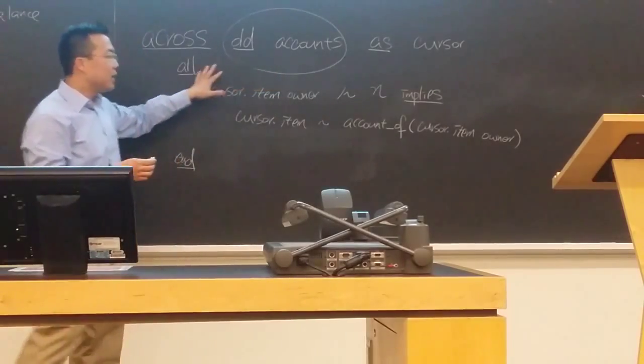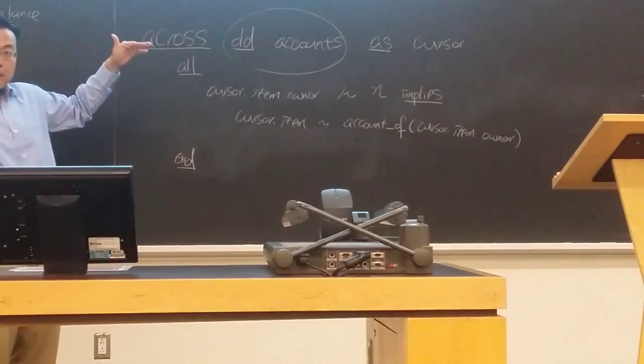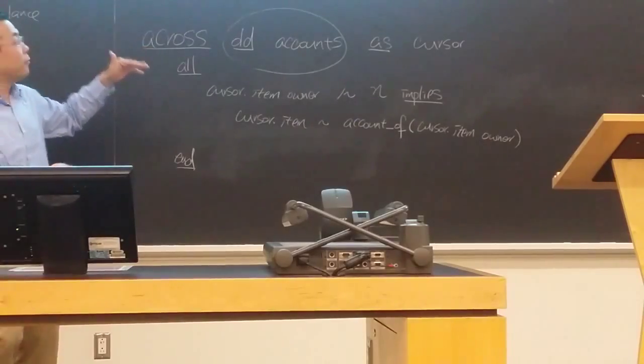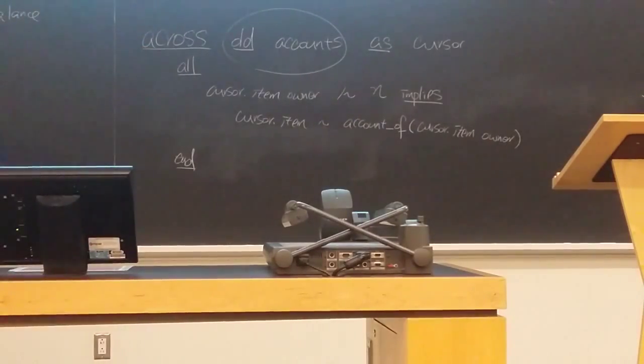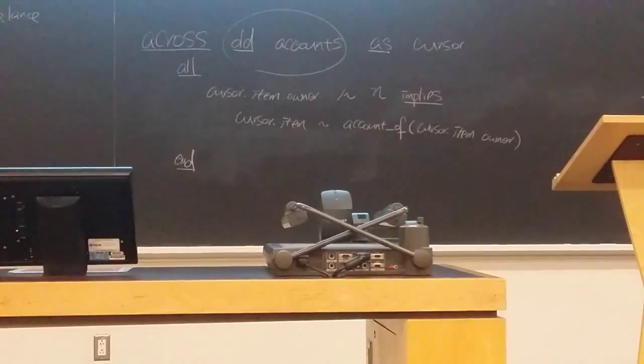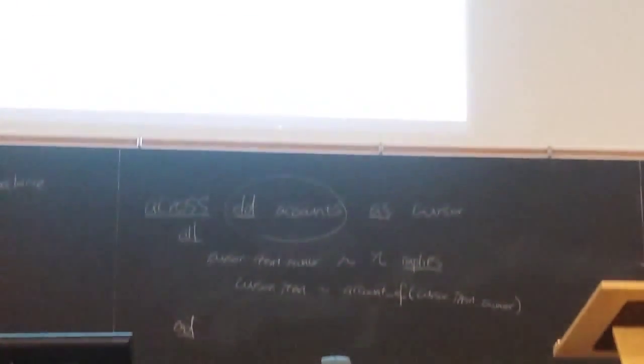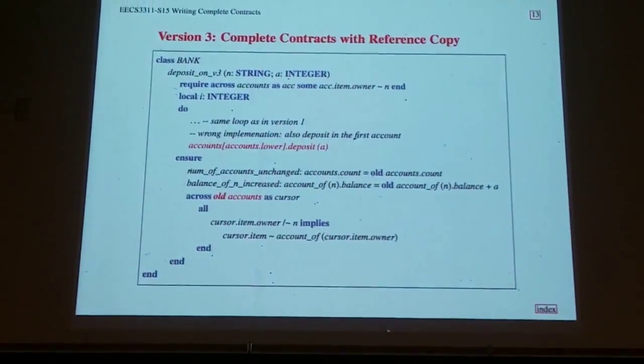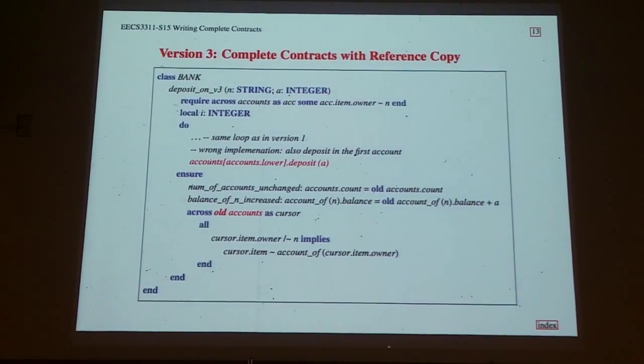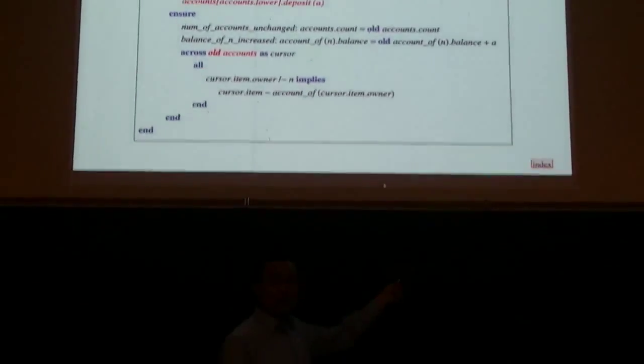Now because this is actually part of the post condition here, before executing this feature, IFA is going to evaluate the precondition for sure. It's going to evaluate any invariants, and it's going to cache this expression here because it has the old keyword in there, right?